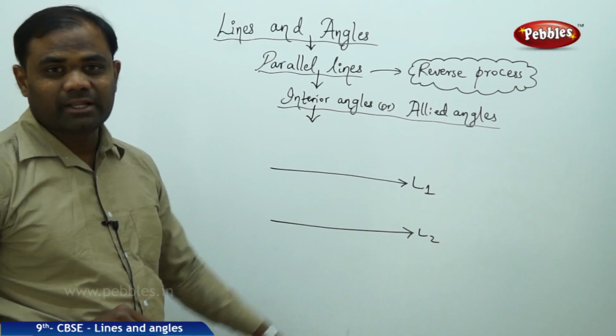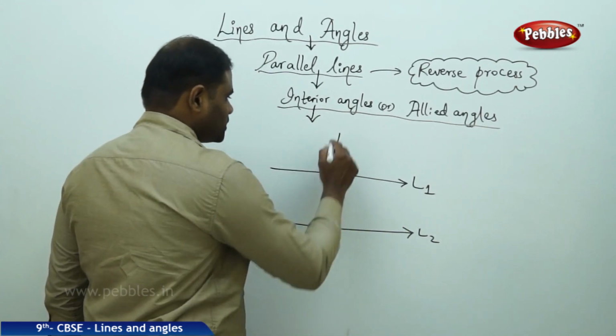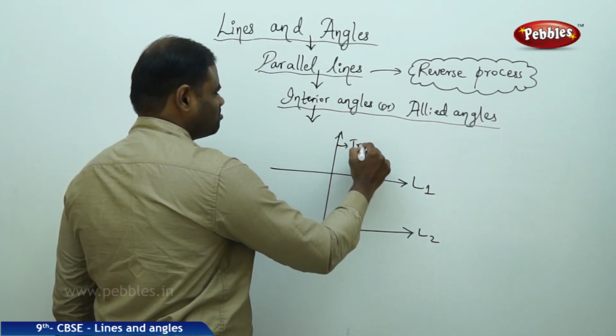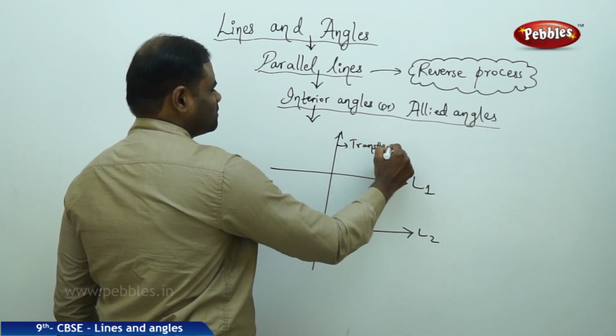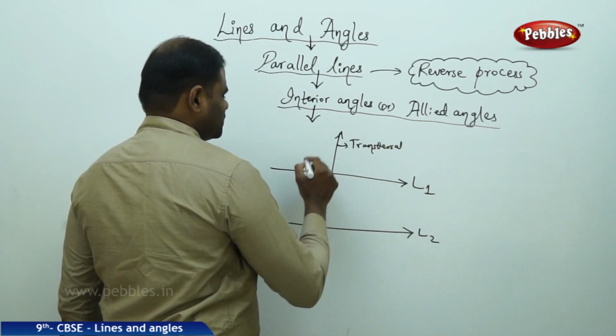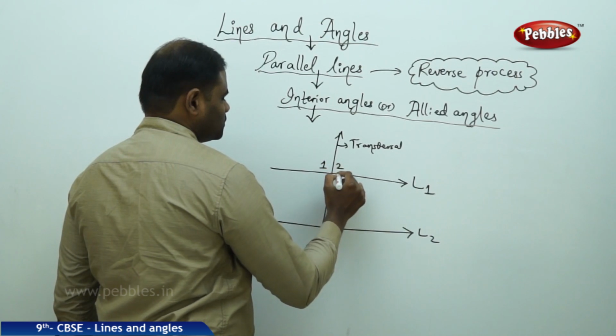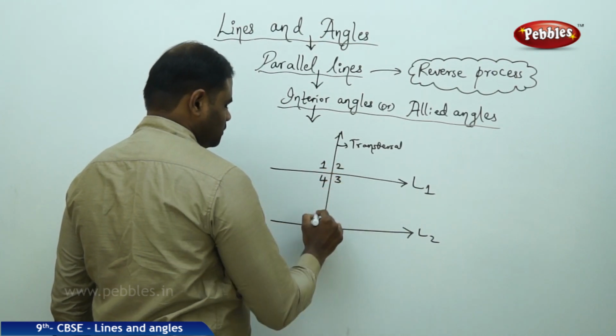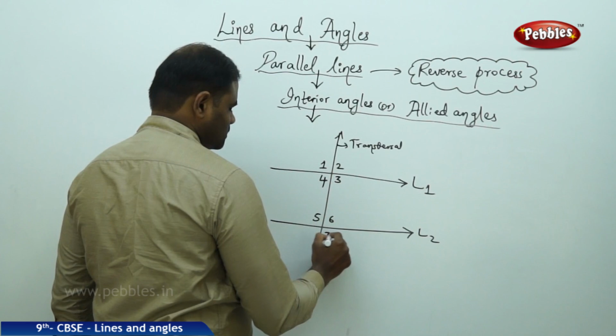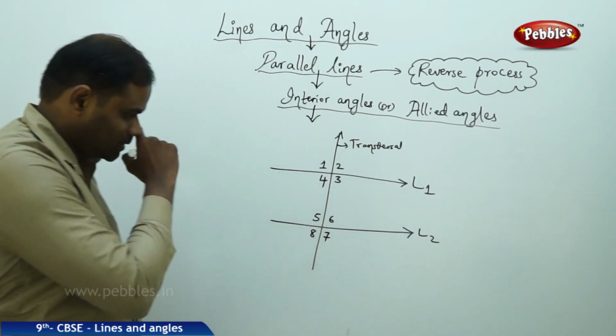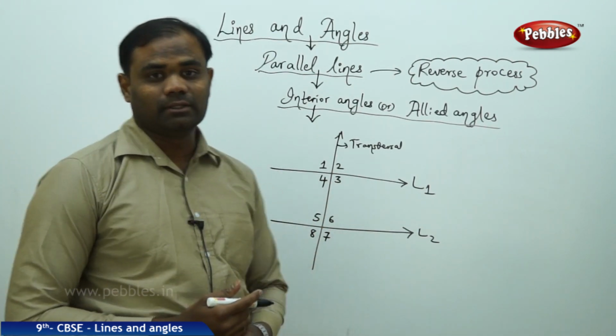These two are the lines L1 and L2 divided by a transversal. It makes angles 1, 2, 3, 4, 5, 6, 7, 8. This is how I get 8 different angles.